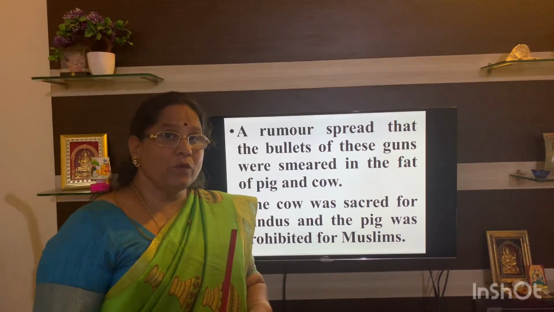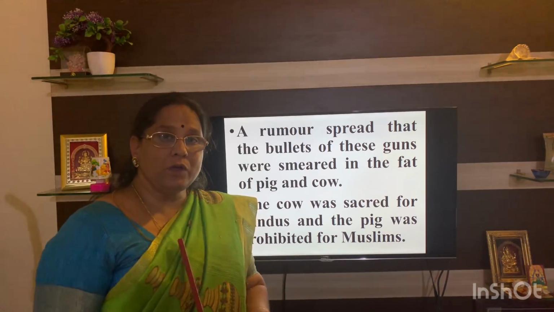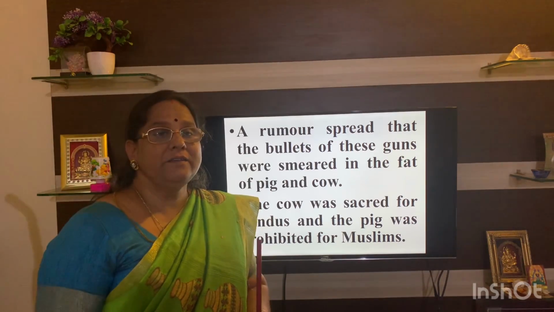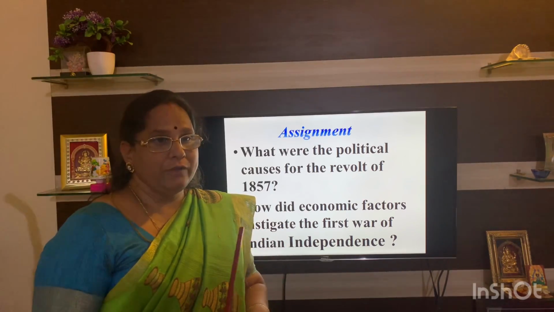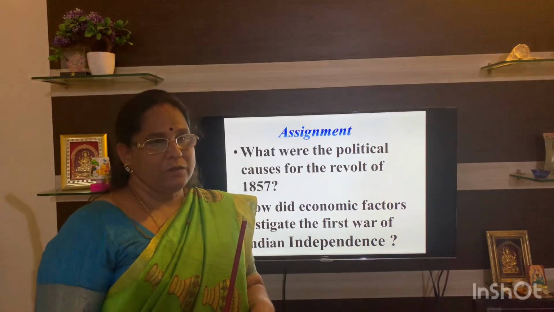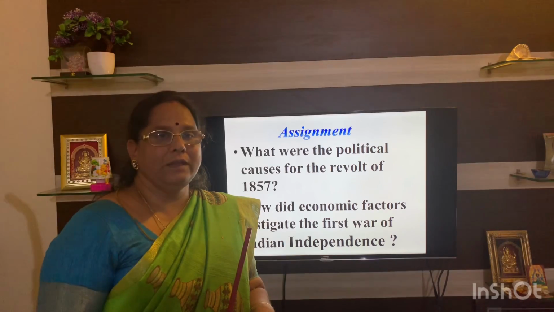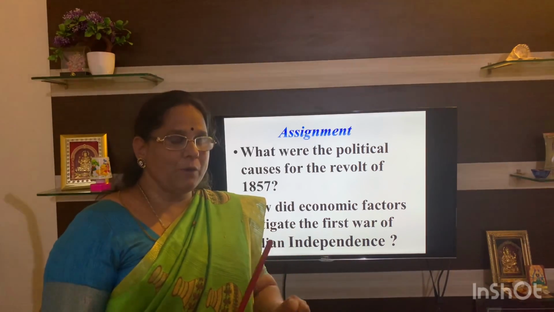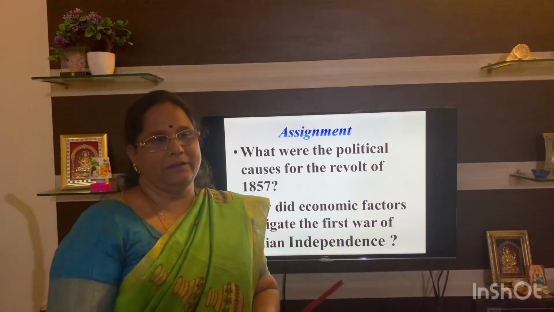The cow was sacred for the Hindus, and the pig was prohibited for the Muslims. This affected their religious belief. That is, the religious belief of Hindus and Muslims was affected. So due to that, this led to the First War of Indian Independence. So when I say the immediate cause, remember the Royal Enfield.